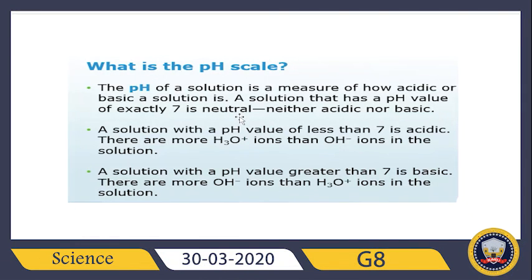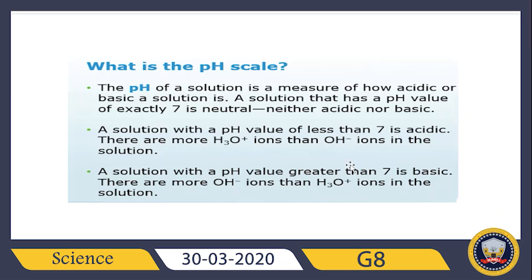For example, a strong acid will produce much more hydronium ions than the weak acid does. The same is for the bases. The strong base will produce much more hydroxide ions than the weak base does.